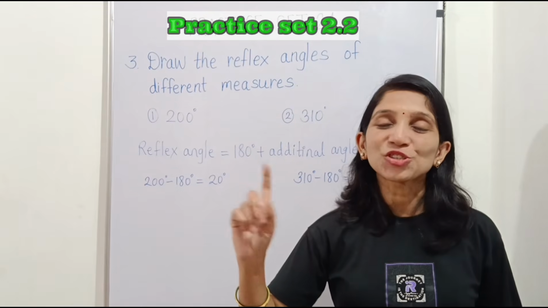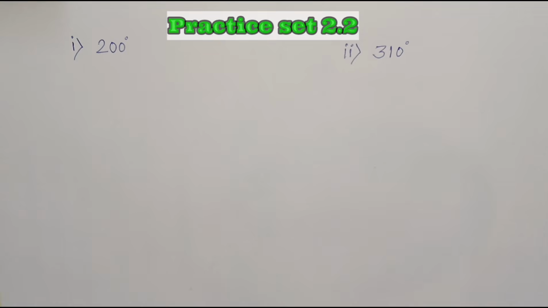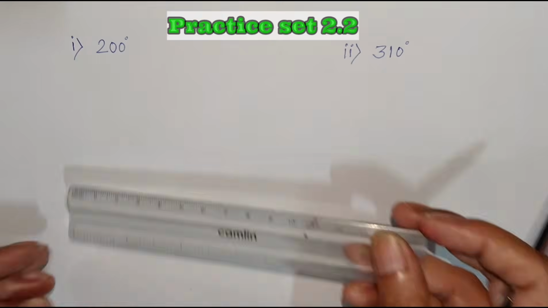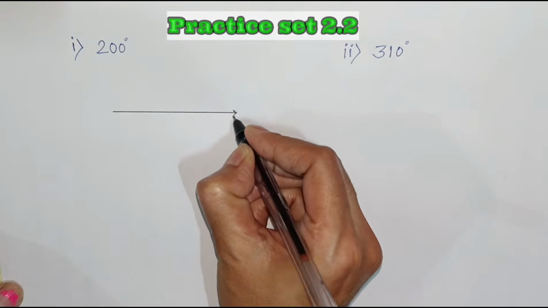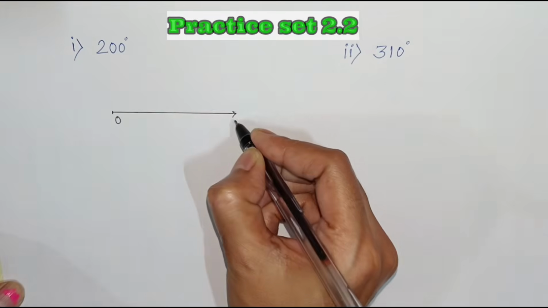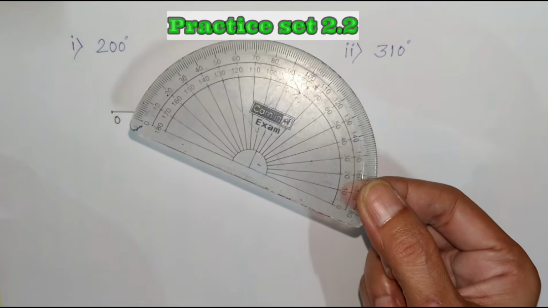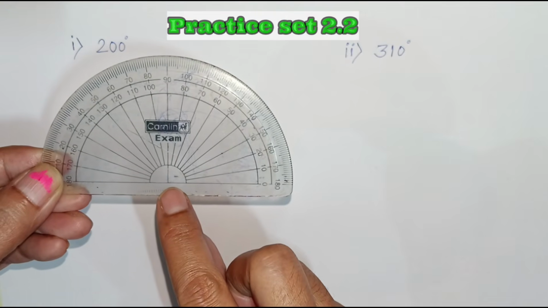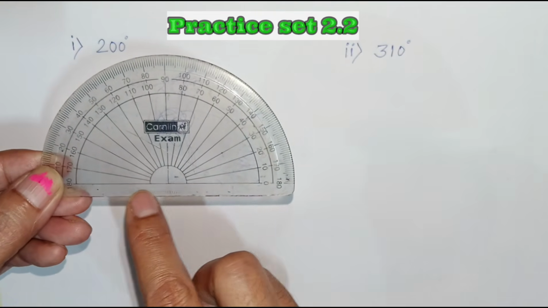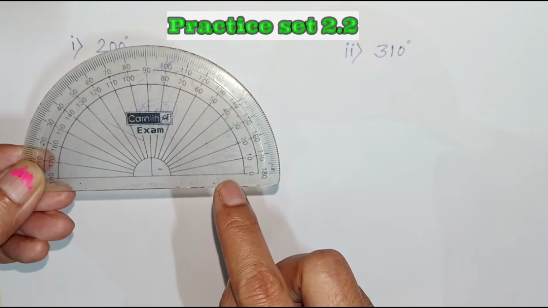Let's start the actual construction. First, draw ray OB. This is the protractor. This is called the center of the protractor, and this is called the reference line.